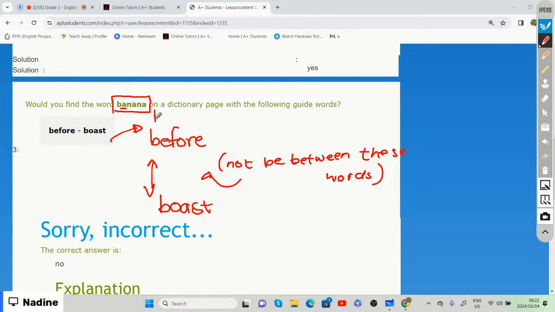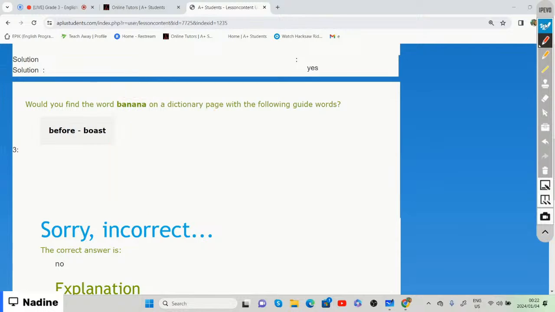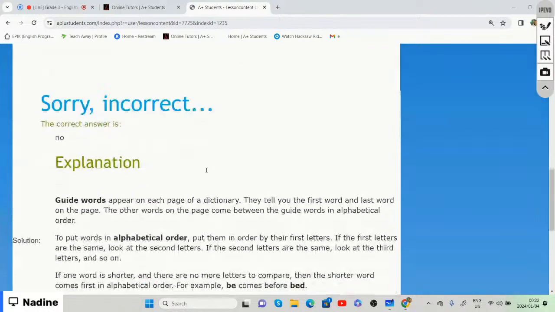So banana will be somewhere over here, let's say on the previous page, but it will not be on that same page as before as well as boast. So if you said no, then well done.